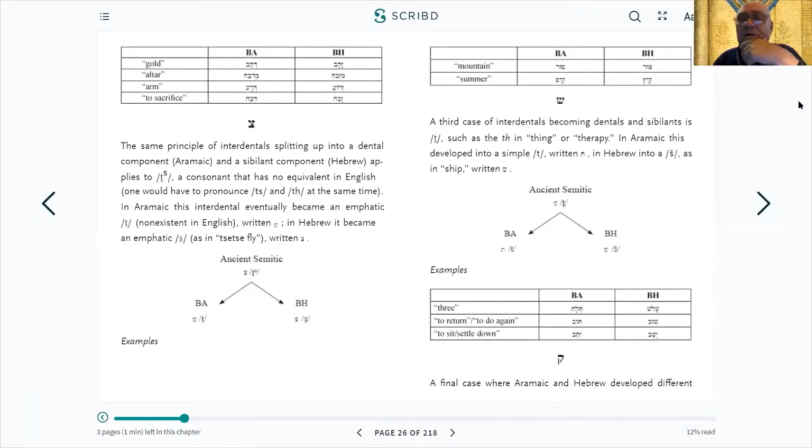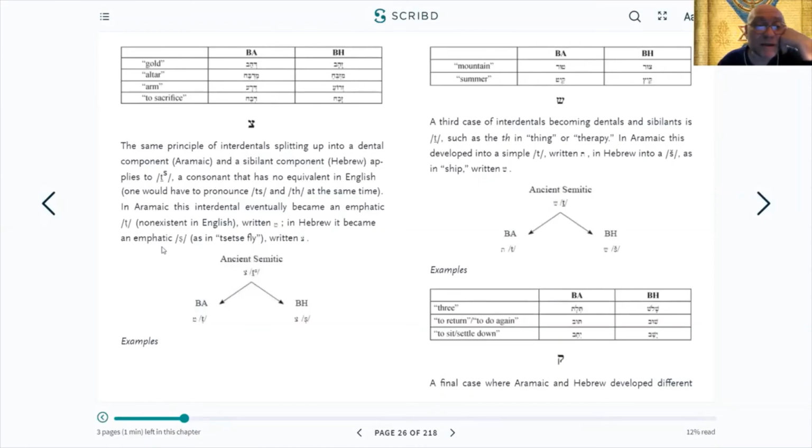Okay, so the same principle of interdental splitting up into a dental component in Aramaic and a sibilant component in Hebrew applies to TS. A consonant that has no equivalent in English. One would have to pronounce TS and TH at the same time. In Aramaic, this interdental eventually became an emphatic T, non-existent in English, written tet.